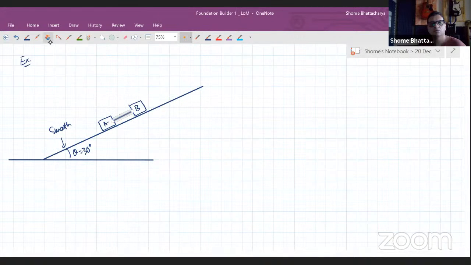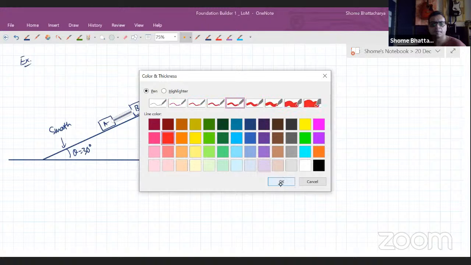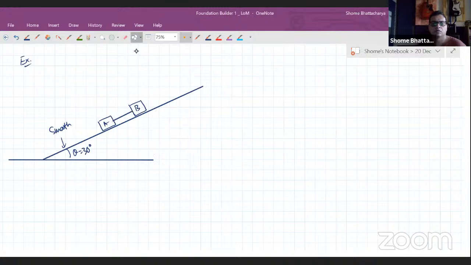Now what we want to do here is apply a force. We want to pull the block B with a force parallel to the inclined plane such that the system should have an acceleration of a.